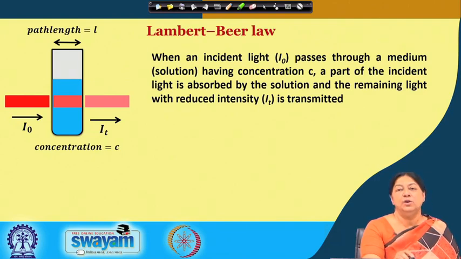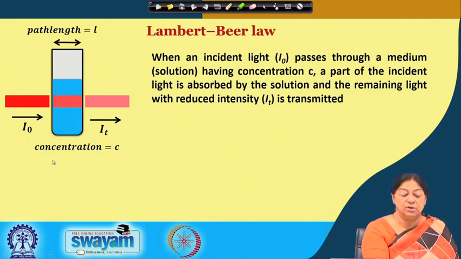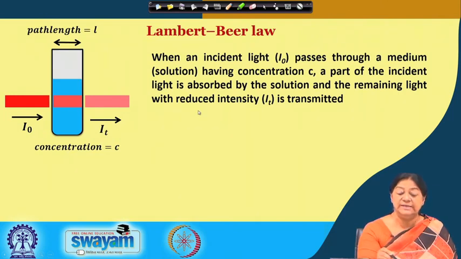There is a specific law that tells us that when a specific incident light shines upon our solution or our sample, the incident light has intensity equal to I0. When it passes through our sample that has a concentration C, part of the light is absorbed and part of it is transmitted with reduced intensity, which is IT.